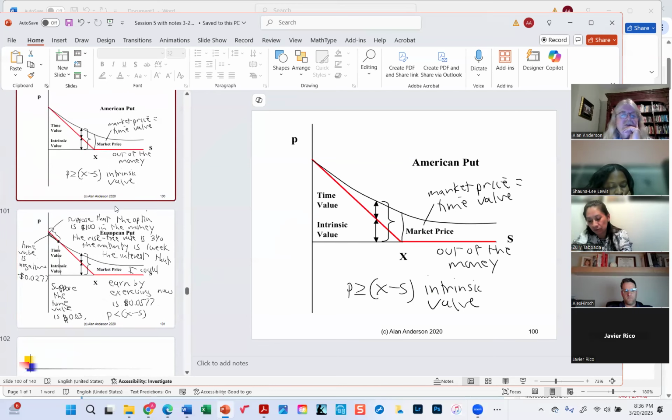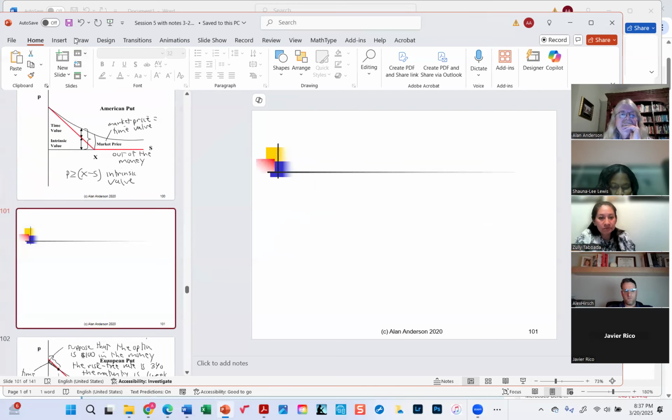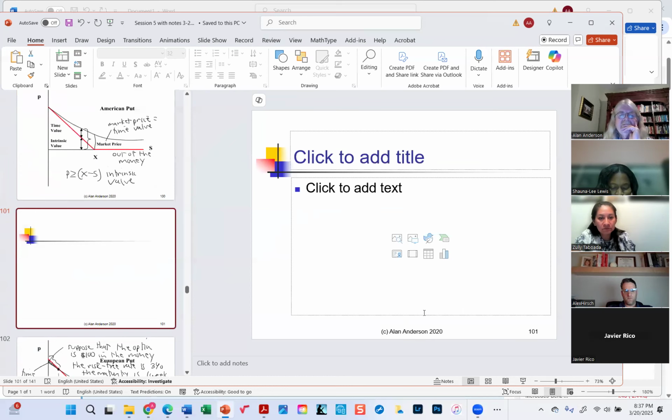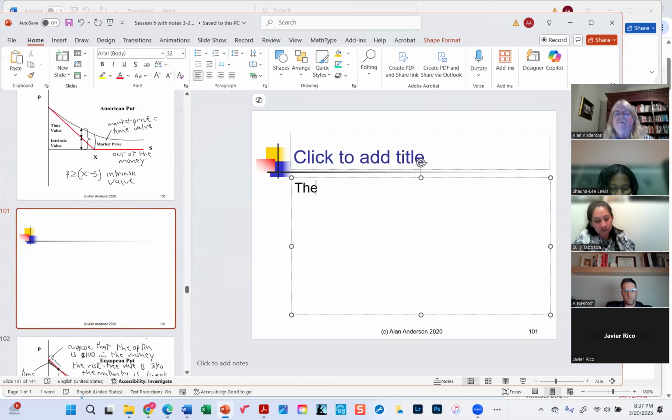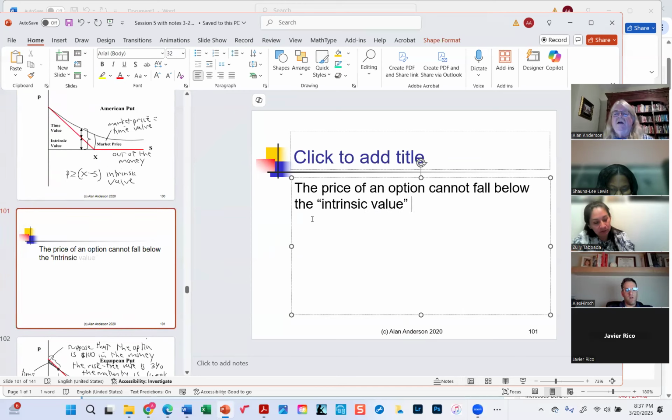So I just want to throw this in here real fast. The price of an option cannot fall below the intrinsic value, which just is another name for the payoff.